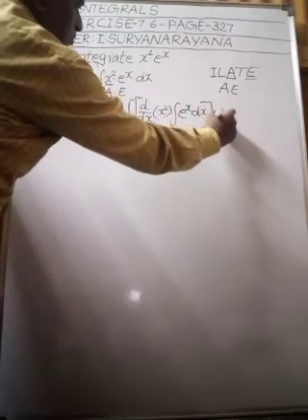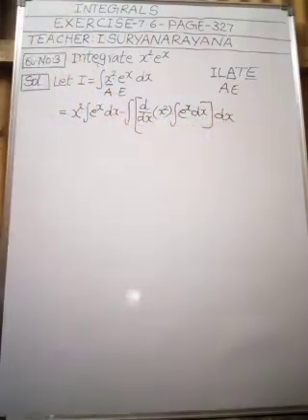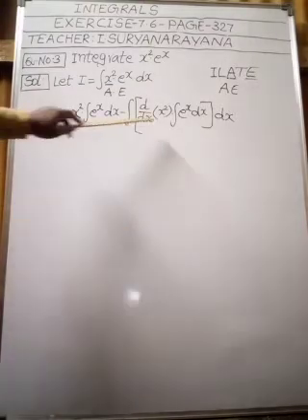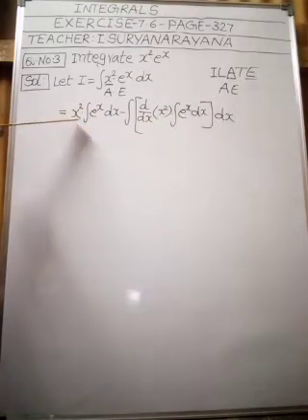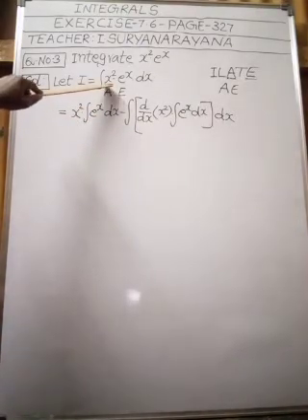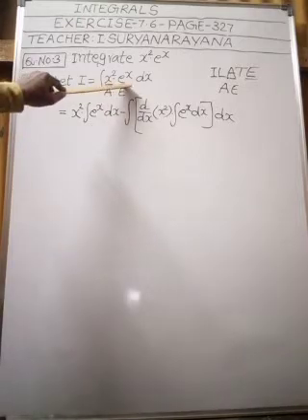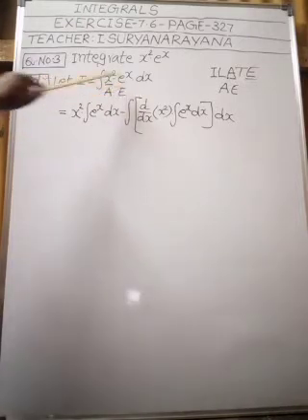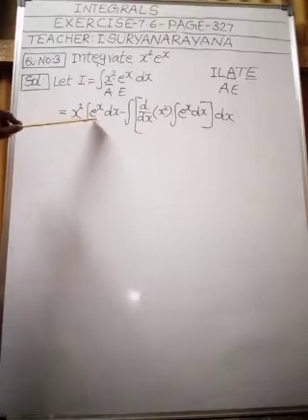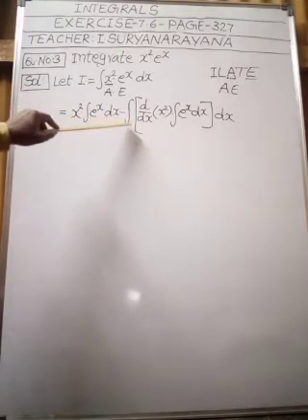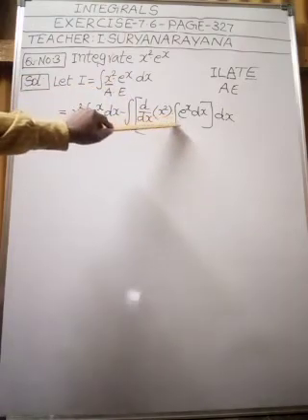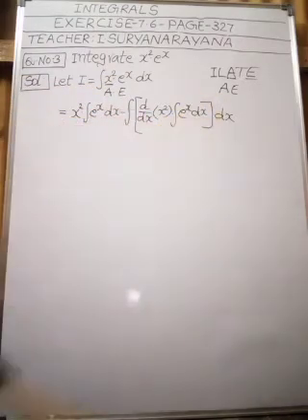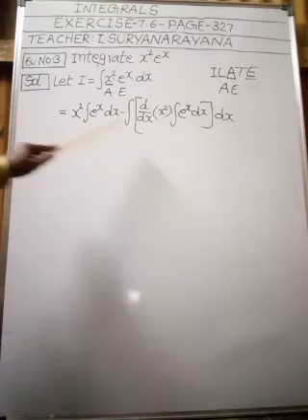By using the integration by parts method, we wrote this step. Okay, my children, understood this step? X square is considered as the first function, e power x is assumed as the second function.